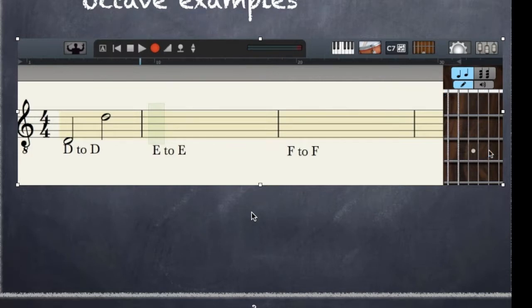To make our next octave, we're going to start on E, the E that is located on the 2nd fret of the 4th string. An octave above is the open E of the 1st string.